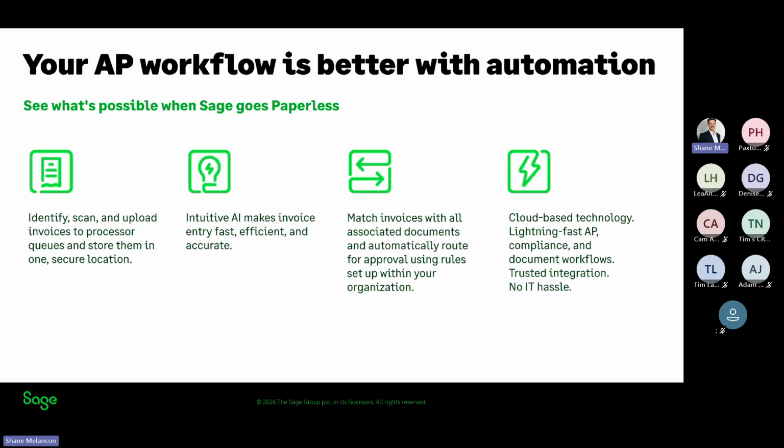Intuitive AI makes invoice entry fast, efficient, and accurate. 2- and 3-way matching of documentation: match invoices with all associated documents and automatically route those for approval using rules set up specific for your organizations. And of course, the cloud-based technology, lightning fast speed, compliance, and document workflows. Trusted integration, of course, being the Sage product, and no IT hassle.